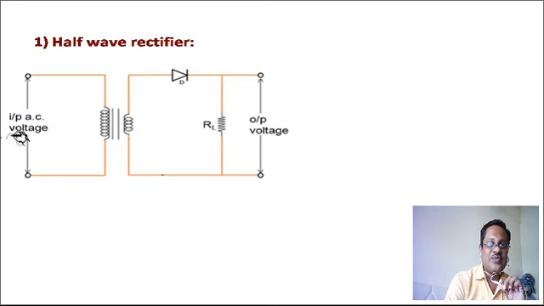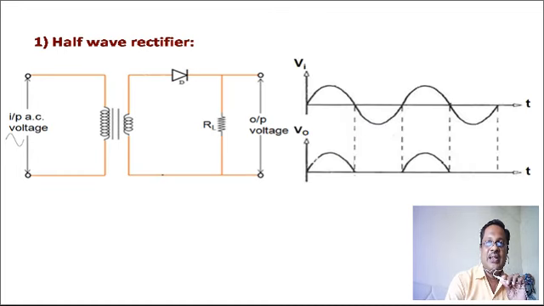This is one cycle of AC voltage which contains a half positive cycle and a half negative cycle. Now these are the input and output voltage waveforms. This is the input voltage waveform and this is the output voltage waveform.